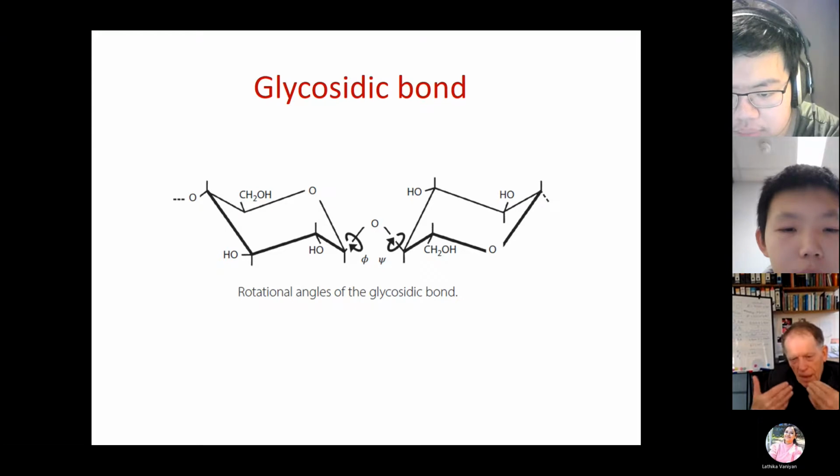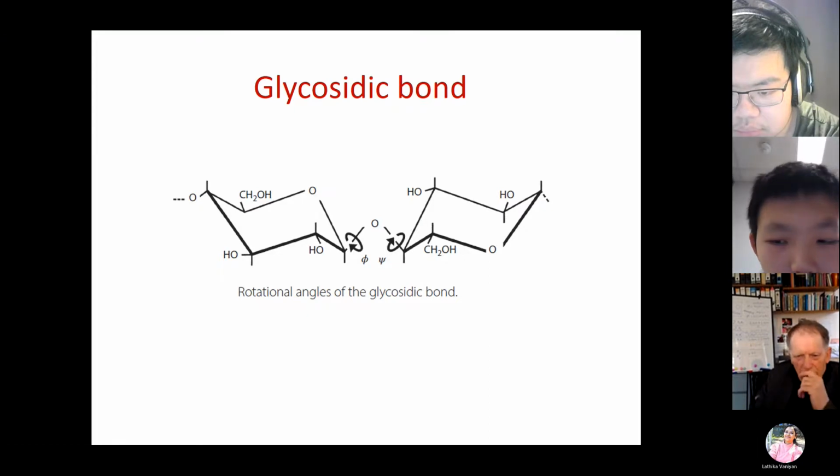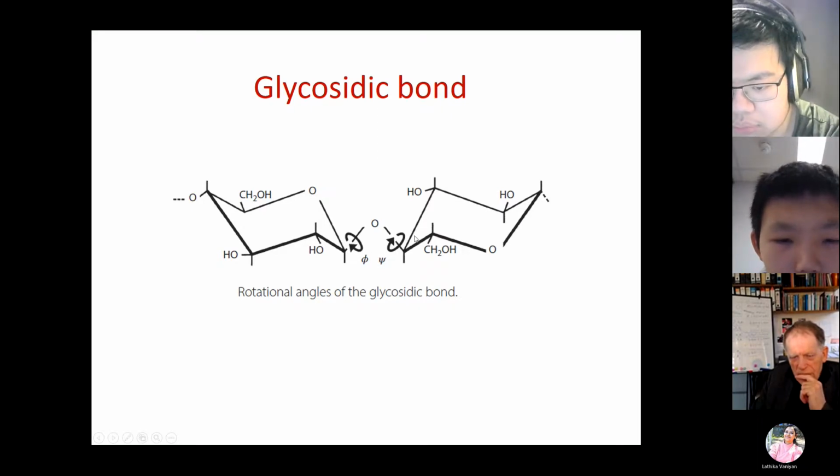So you have disaccharides, oligosaccharides, polysaccharides, which are built on the glycosidic bond, which has 2 degrees of rotation. These are the rotation angles of the glycosidic bond.